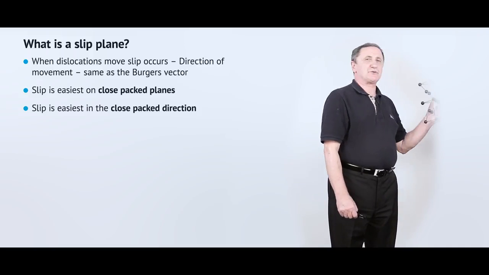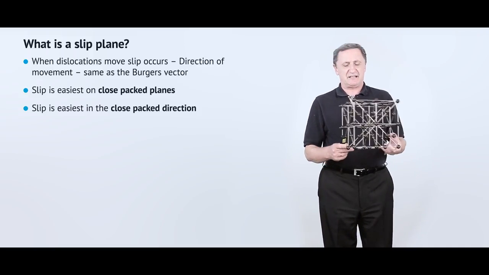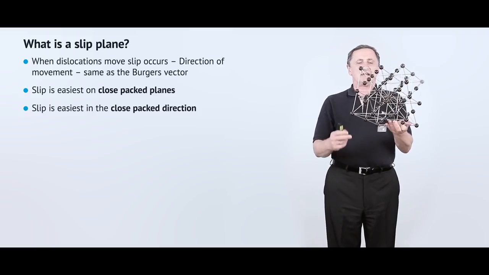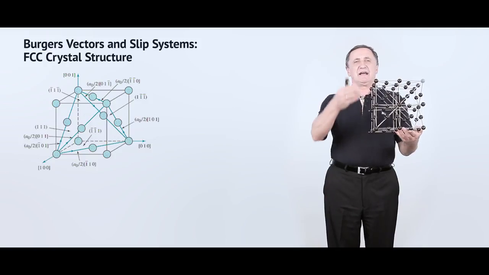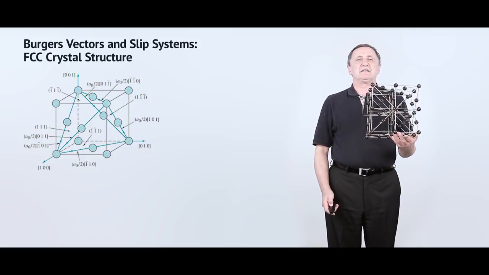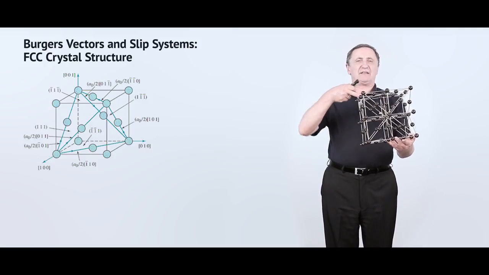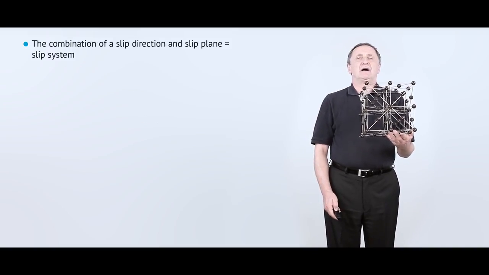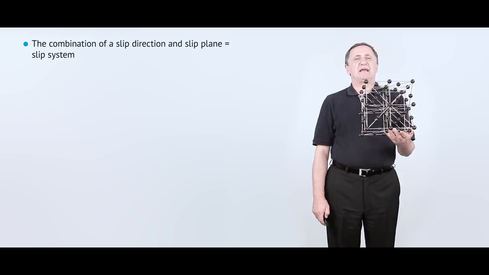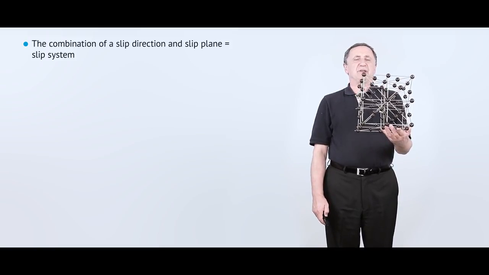For example, here we have an FCC crystal structure. And in the FCC crystal structure, as you can see on the screen, the 111 planes are the close packed planes and hence the slip planes.